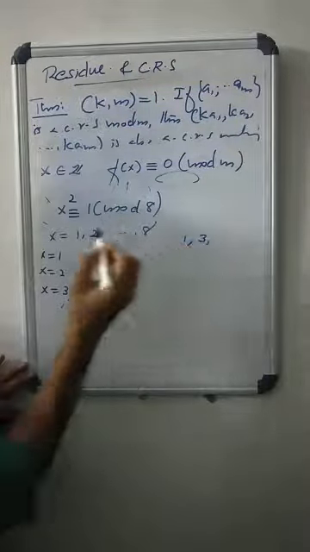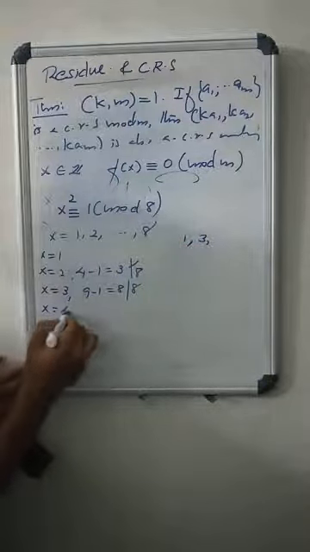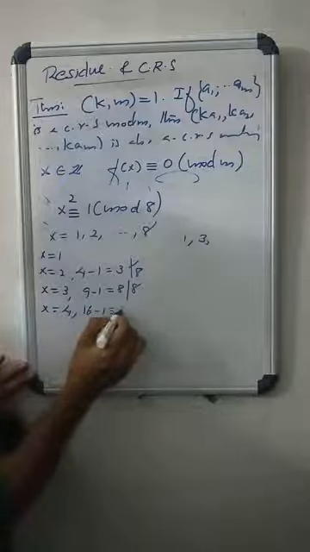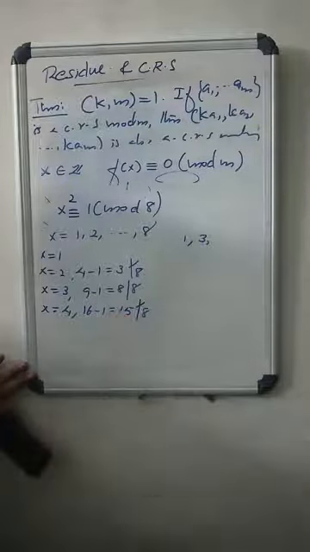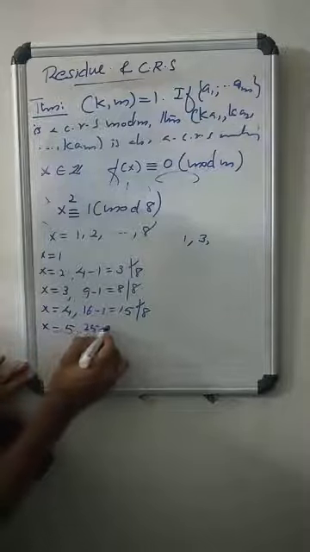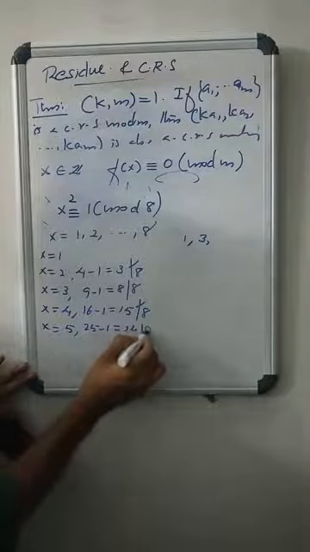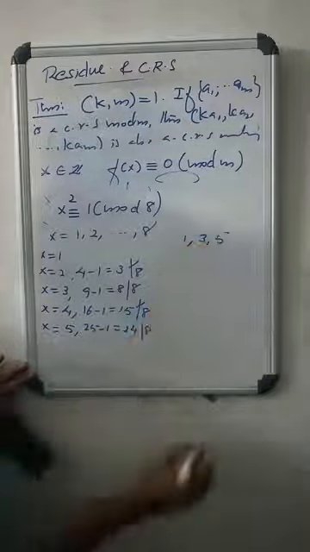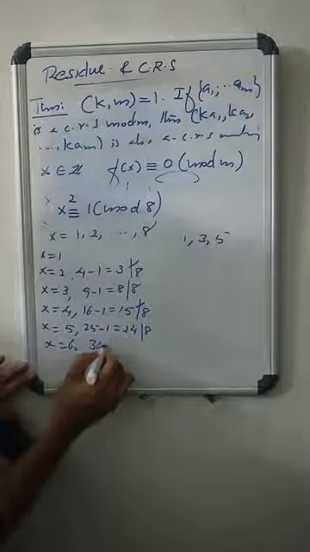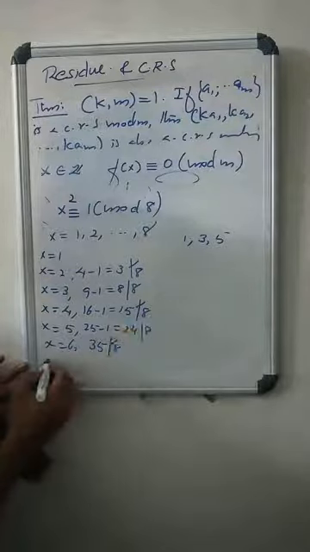So 1 is a solution, 3 is a solution. When x equals 4, 16 minus 1 equals 15, which does not divide 8, so it is not a solution. X equals 5, 25 minus 1 equals 24, which 8 divides, therefore 5 is a solution. X equals 6, 36 minus 1 is 35, not divisible by 8, so it is not a solution.